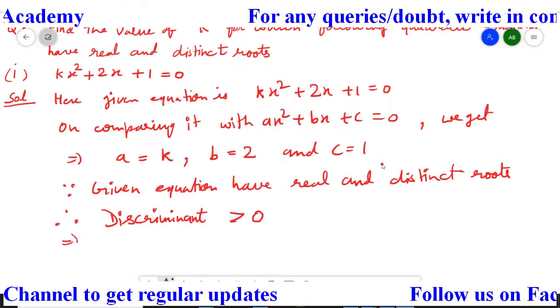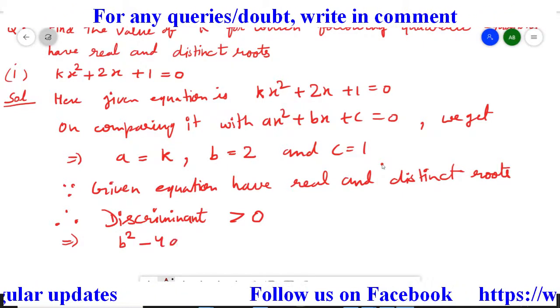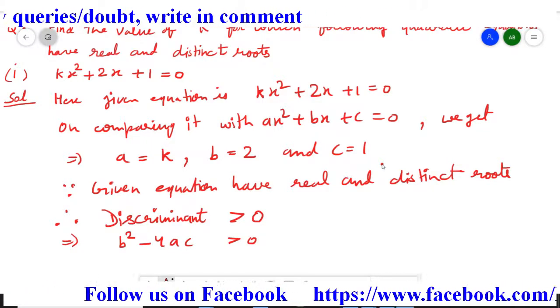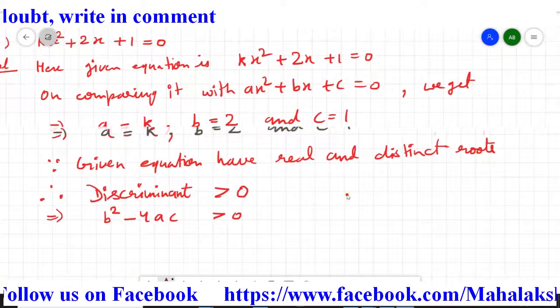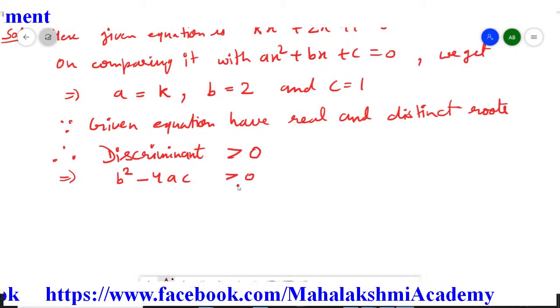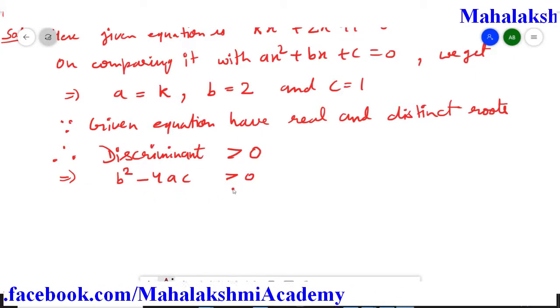Now what is the value of the discriminant? The formula of the discriminant is b square minus 4ac, and it is greater than 0. This is the formula which you have to learn, because the given condition is real and distinct. For that the formula is b square minus 4ac greater than 0.